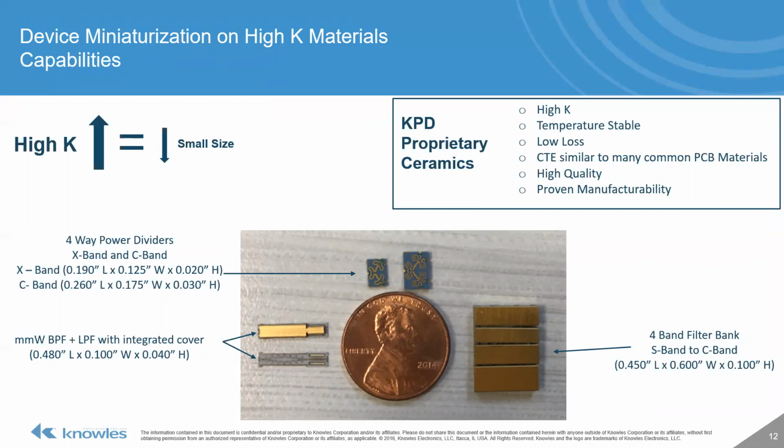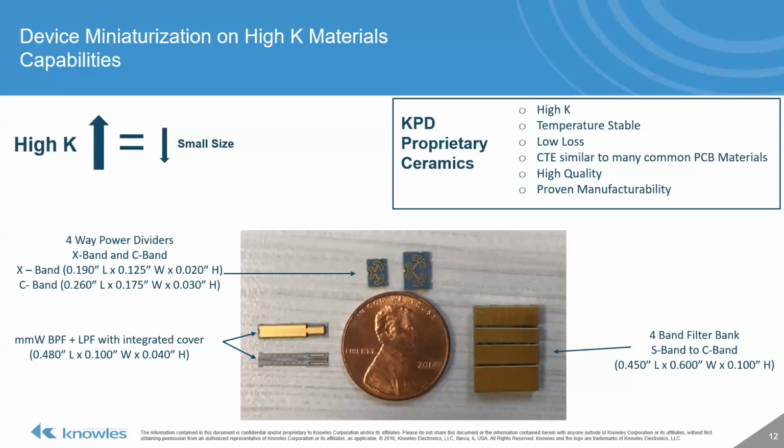And that is built on our PG ceramic, which has a K of roughly 12.5. And then all the way on the right is a 4-band filter bank that has a span going from S-band to C-band, and that is built on our CG material, which has a K of roughly 67. So all of our catalog parts are built on our high K material.